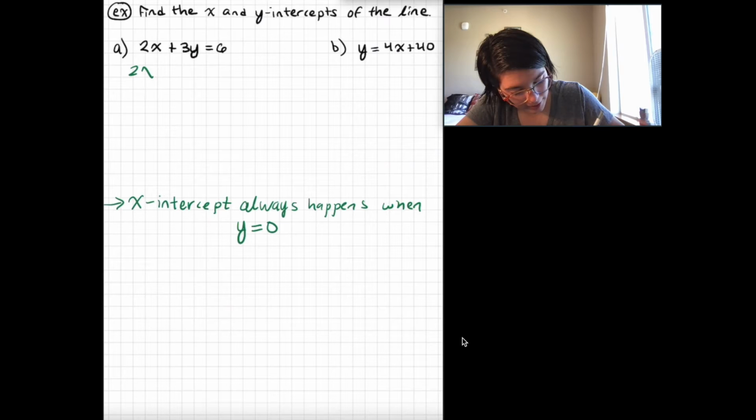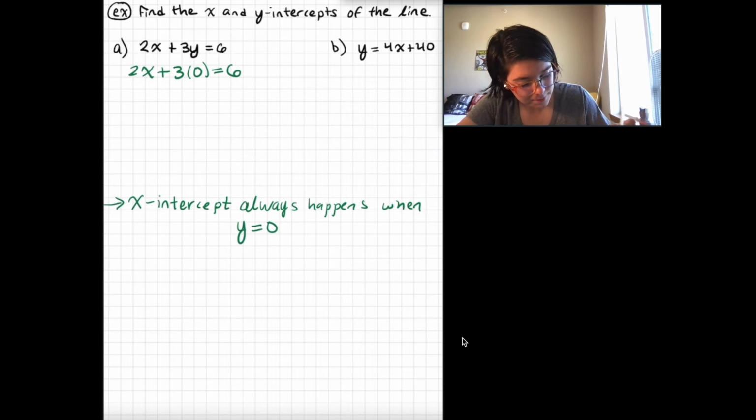2, we're trying to figure out what the x-coordinate is, plus 3. We'll plug in 0 for y, is equal to 6. So we have 2x, 3 times 0 is going to just be 0. And so we can just leave out the plus 0 bit now.